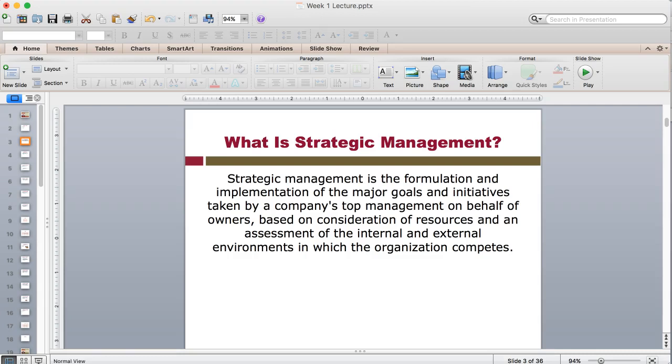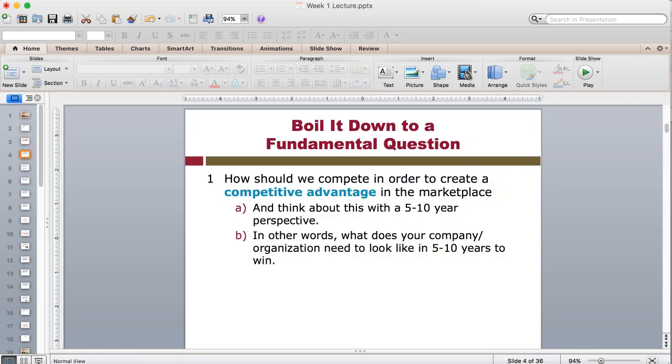So basically, what do you do as a company given how well your company's performing, how good it is at certain things, and what's happening in the external environment? I boil it down to a real simple question, but hard answer, which is, what do you need to look like in 5 to 10 years to survive? What do you need to look like in 5 to 10 years to be competitive and stay in business?